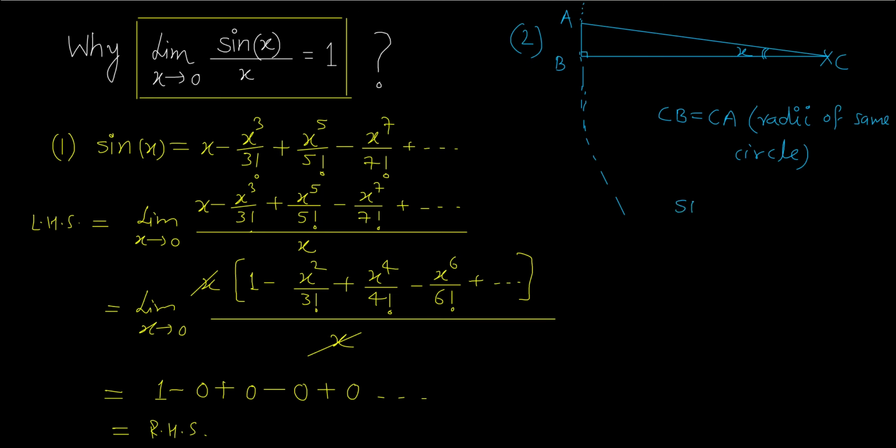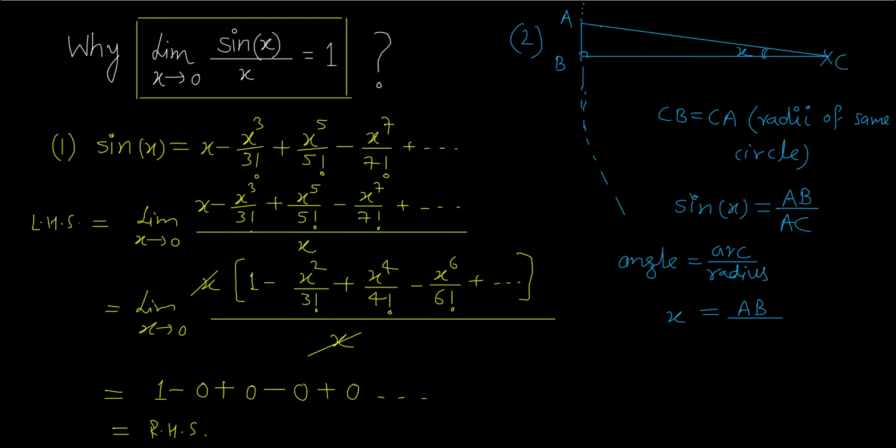Let us write the things we want to prove here. First I will write sin x. From this diagram you can write sin x equals perpendicular AB divided by hypotenuse AC. And by the basic definition of angle, x is equal to arc length divided by radius of the circle. If you consider that AB is a part of a very large circle, then you can write that x is equal to arc length AB divided by radius.